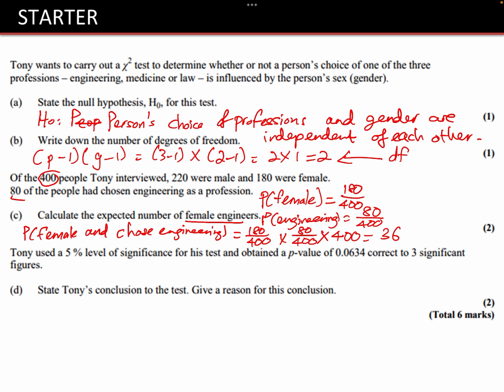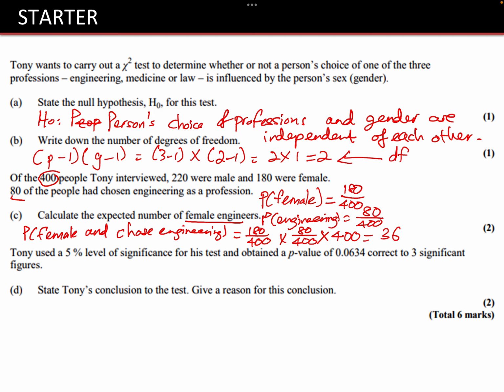Okay, so just to summarize, we will find the probability of a person who's going to be female and who takes engineering. So we multiply the two probabilities because that's the concept of what independent events are, right? Because the probability should be very low for someone who's going to be female and someone who's going to be choosing engineering. So we multiply the probabilities together.